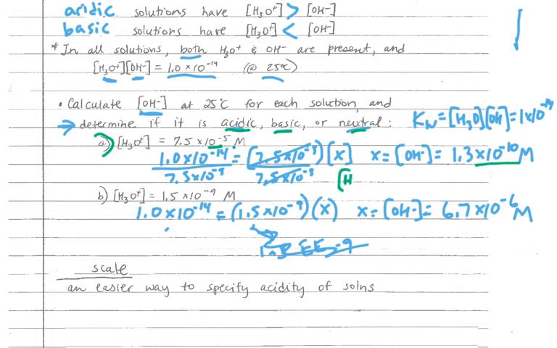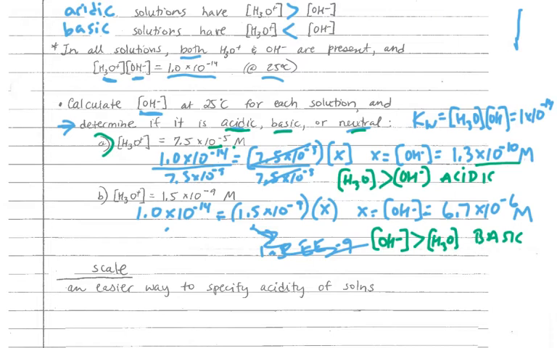So there's a greater concentration of hydronium than hydroxide. So this one is acidic. And in the second one, if we look at these two concentrations, the concentration of the hydroxide in this case is greater than the hydronium, and hydroxide is indicative of a base. So this we would say is basic.